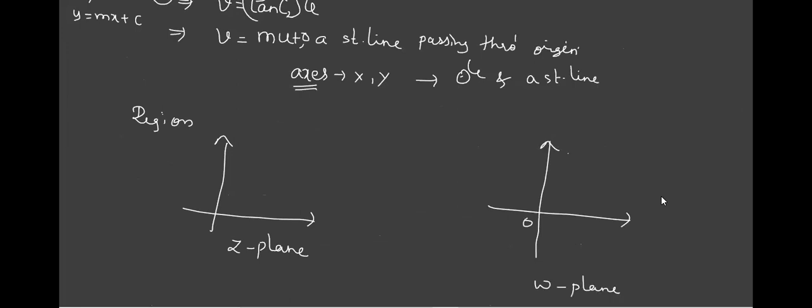For the z plane, what is the real axis? X-axis, and here y is my imaginary axis. For the w plane, what is my real axis? U, because we write w equal to u plus iv. And this is my imaginary axis v.